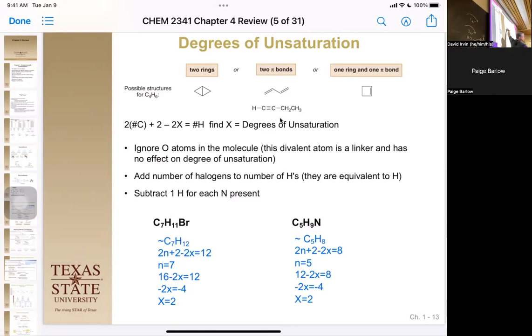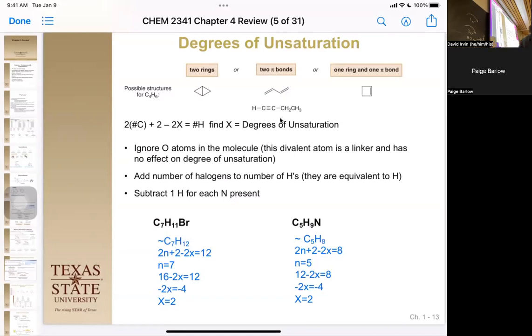Then plus 2, which is the 2 from C_nH_2n plus 2, 2n plus 2. Then this is our 2n. This is what we're looking for, and then the number of hydrogens. Okay, so we have to look for this X here. So when we do this, we have to remember that oxygen we don't care about, we just ignore.